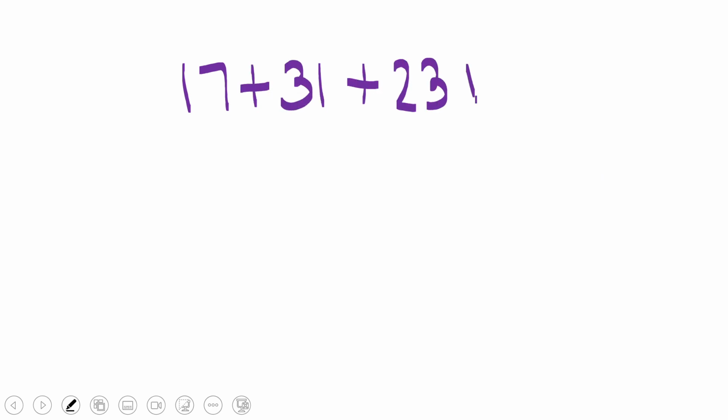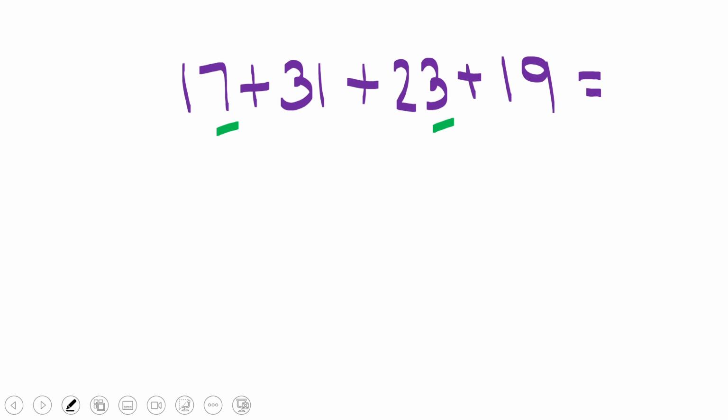Another example is if we were to say 17 plus 31 plus 23 plus 19, as an expression, we can look and consider that 7 plus 3 equal some kind of 10.